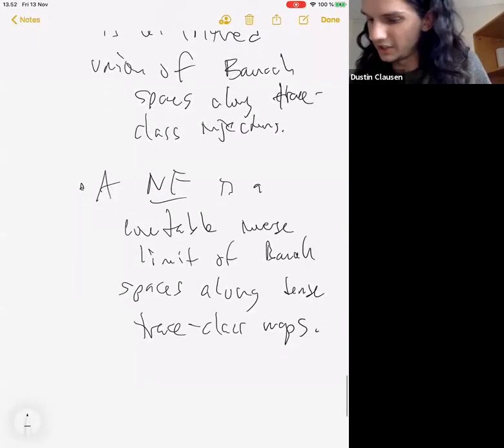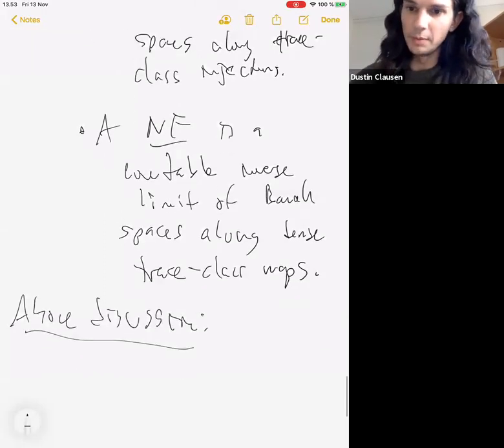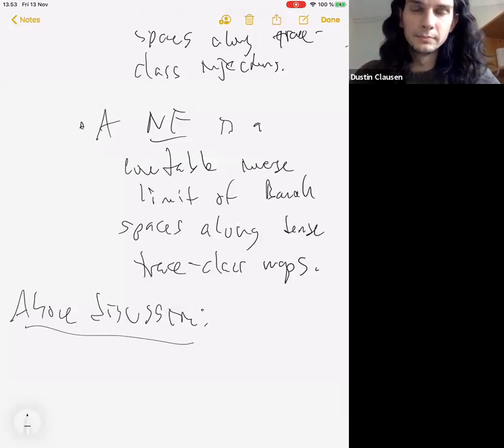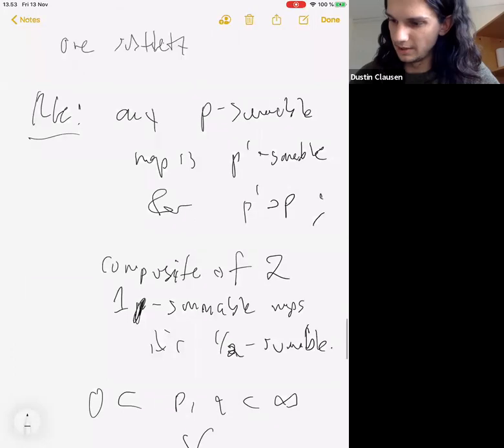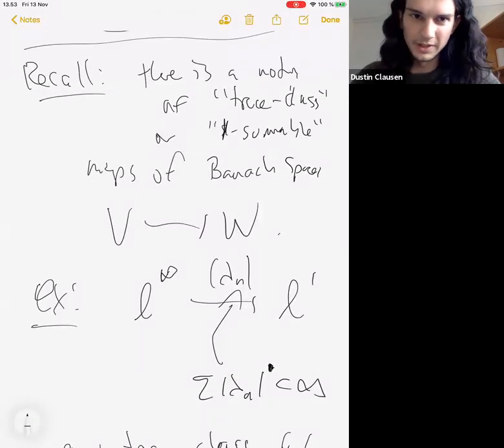And then the above discussion: are the Banach spaces separable here? It actually ends up not mattering. There's this fact that any trace class map of Banach spaces factors through one of these examples here, L infinity to L1, and those ones are separable.